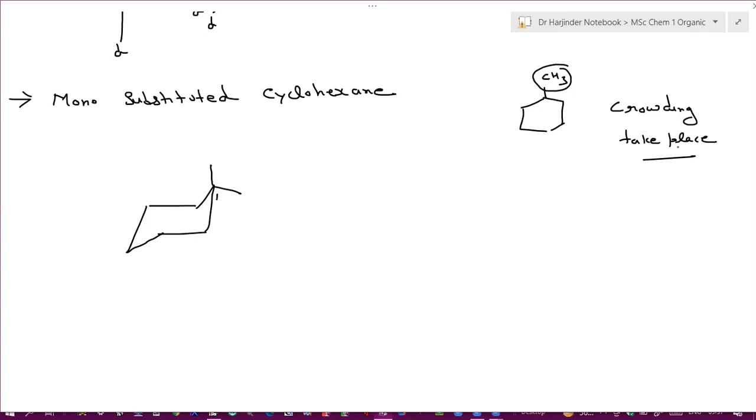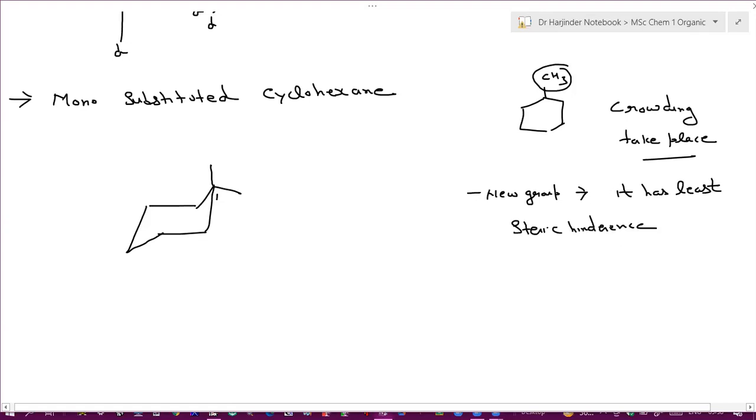So it will prefer to go to that position where it has least steric hindrance. Your new group will prefer to move to that position where it has least steric hindrance.